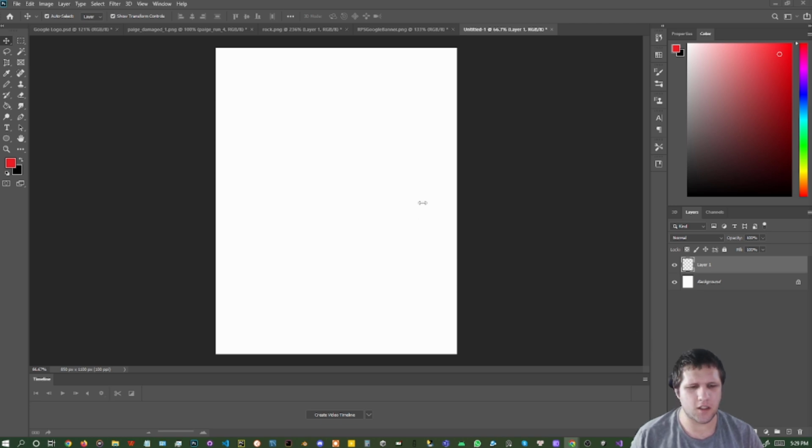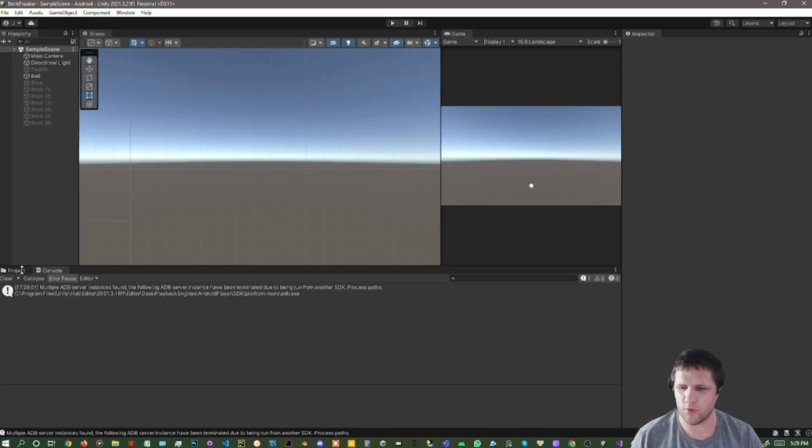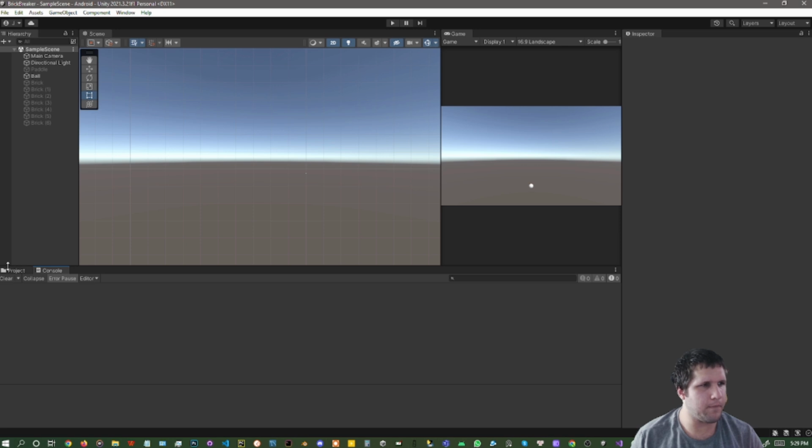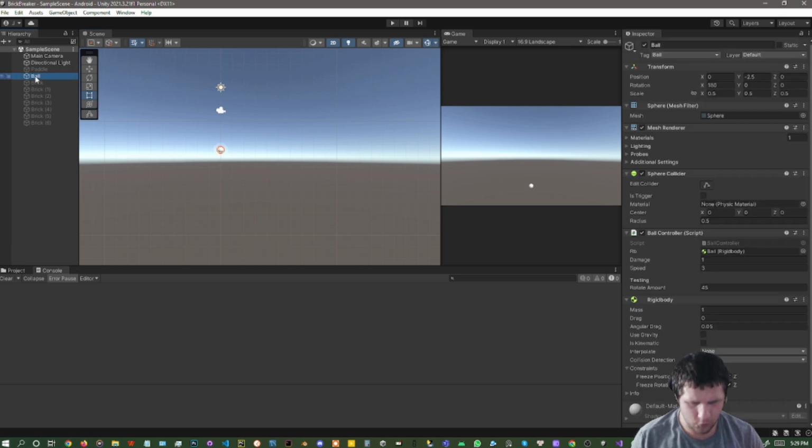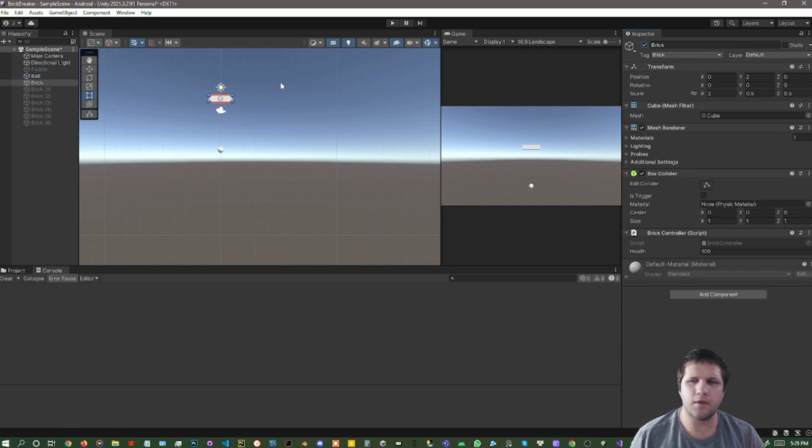Third edition of the hour-long Brick Breaker. And so when we last left off, we were working on the physics that we applied to our ball. And we were wondering how we are going to rotate the ball based on where it hits an object?